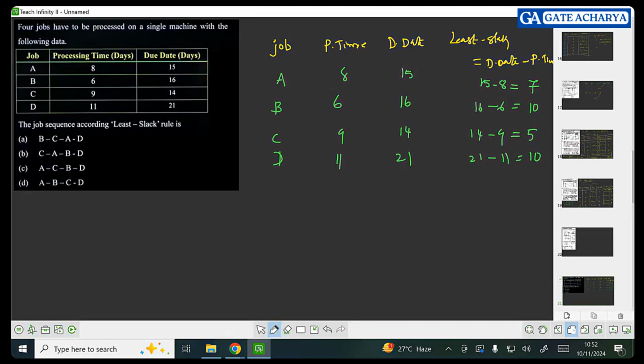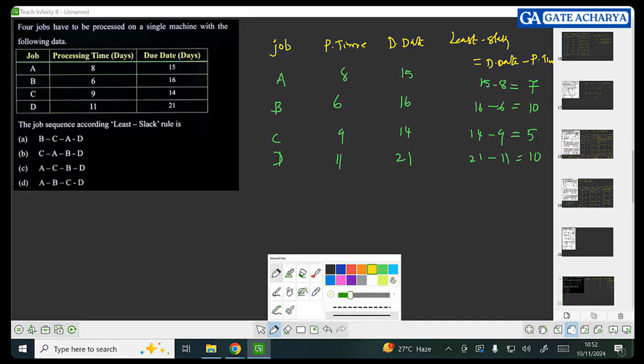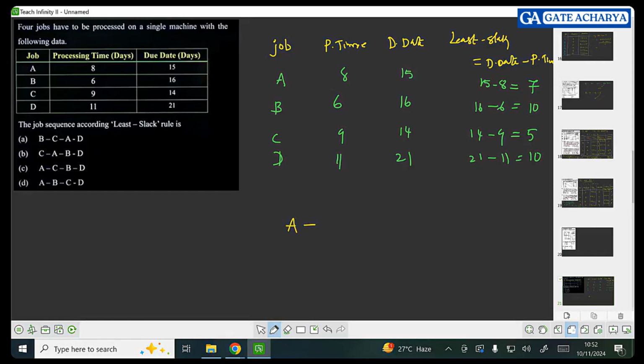Right. Now here, based on the least slack value, you have to select the job sequence. Which one is the minimum slack value? Slack value 5. So C, I'm sorry. Based on least slack, the job sequence is C, A. So here you are getting that for job B and job D the slack values are the same.